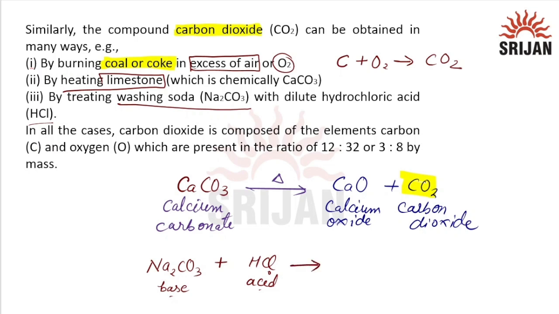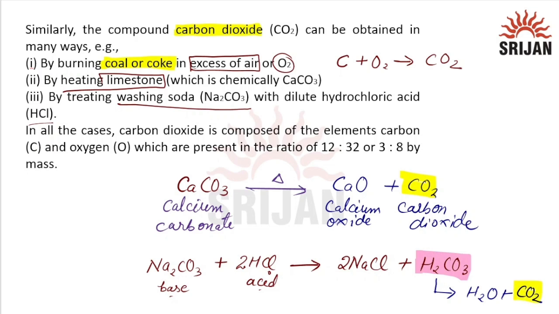They react to form 2NaCl. To balance the reaction, you take 2 molecules of HCl, plus H2CO3. Now you will wonder how we will get CO2 from here. Actually, the formed product H2CO3 is very unstable. As soon as it is formed, it breaks into H2O and CO2. From this point, you can collect CO2.